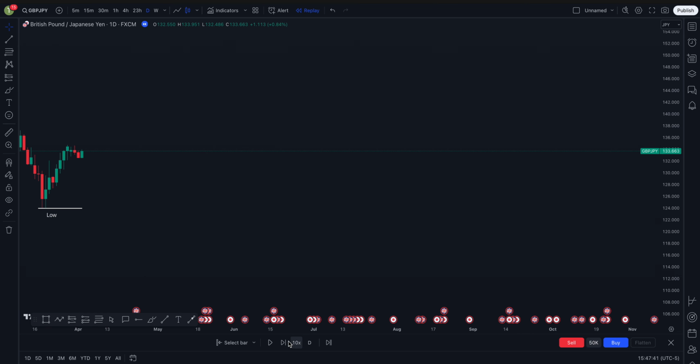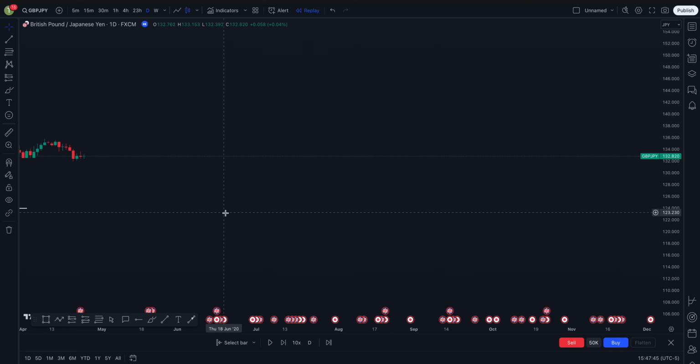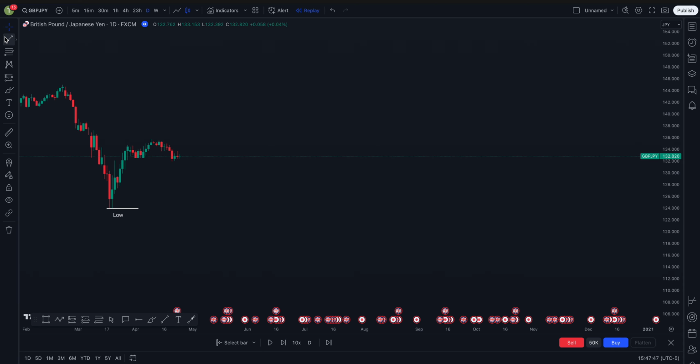So we'll wait until the price starts to pull back. All right. So from this low, price created this level right here, which now becomes a high. So this is now our high.